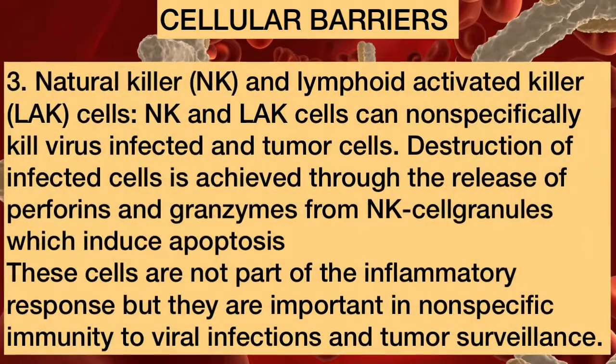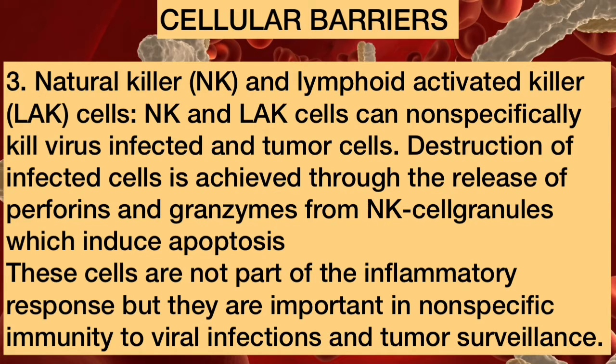Another component of the cellular barrier of the innate immune system are the natural killer and lymphoid activated killer cells. Natural killer and lymphoid activated killer cells can non-specifically kill virus-infected and tumor cells.